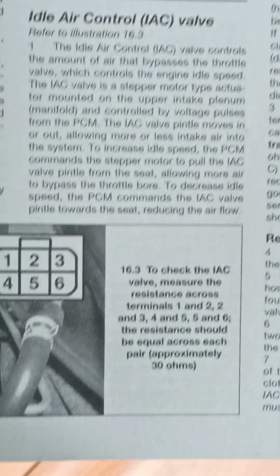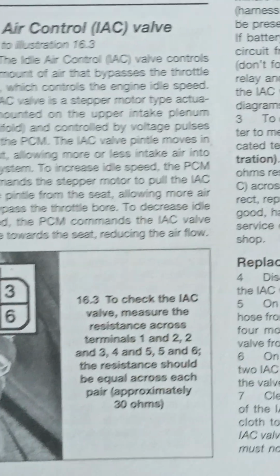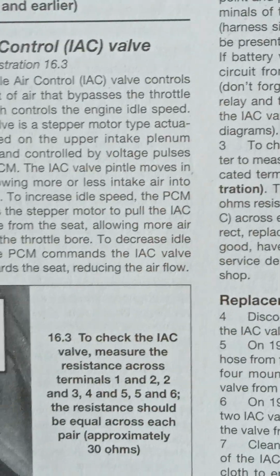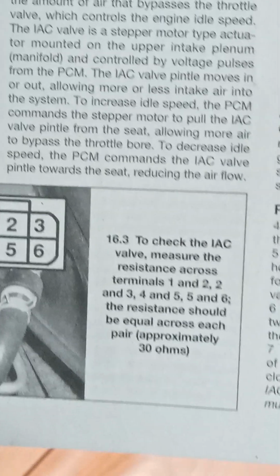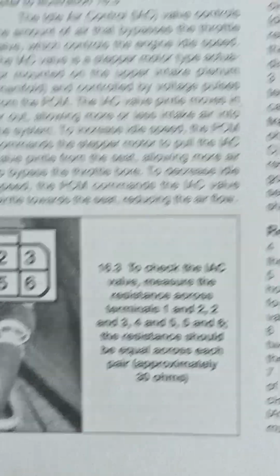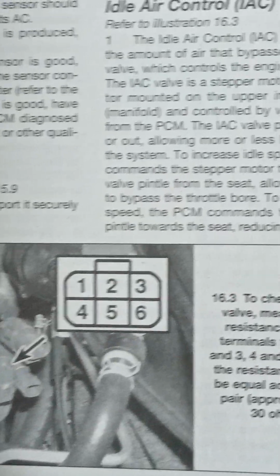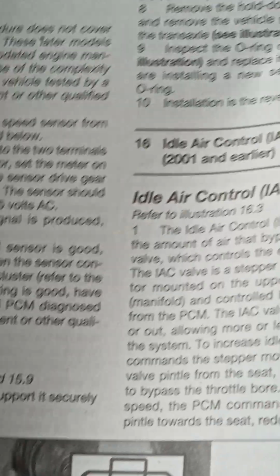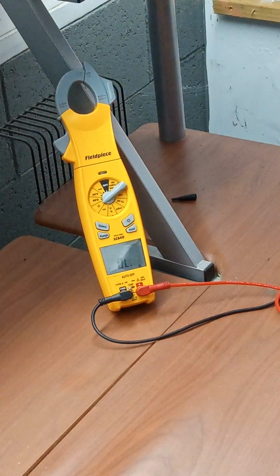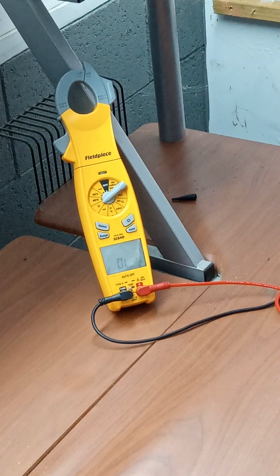It says around 30 ohms, but around 30, that's cool. 25, 22, somewhere like that. They all should be the same across each one when you check them. And if they're not the same or radically different, then for sure you know that it's bad.